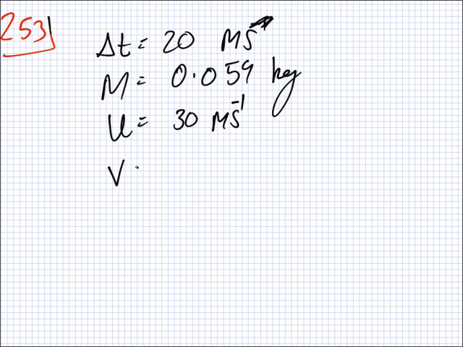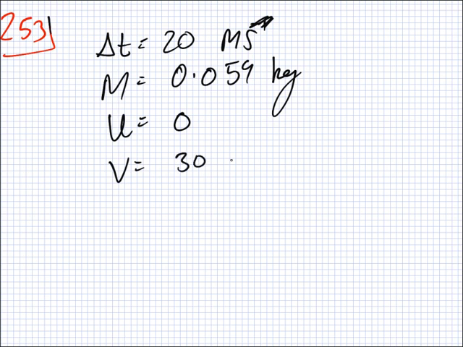And what's the V? The V is 30. No, V is 0. Oh, 0. No, actually V is 30, U is 0. Yeah. The ball is at rest, and then the tennis racket hits it.